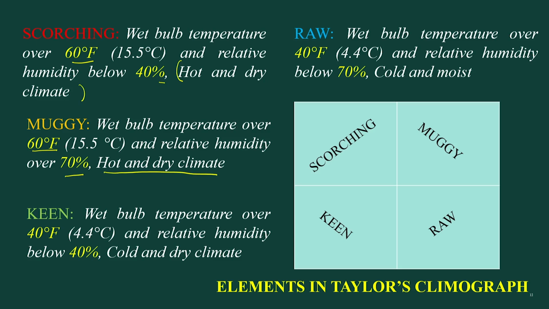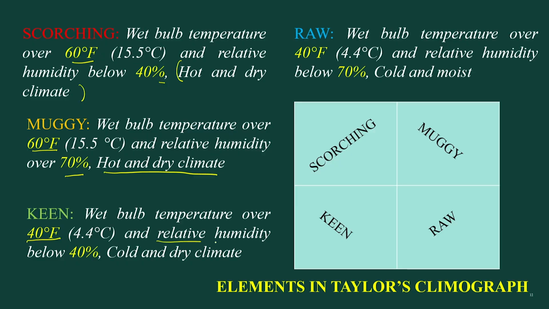Then coming to the keen. Keen are regions which record the wet bulb temperature over 40 degree Fahrenheit, that is 4.4 degree Celsius, and the relative humidity below 40%. So, these regions are known to be cold and dry climate.